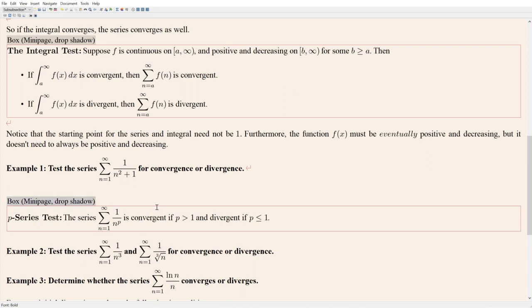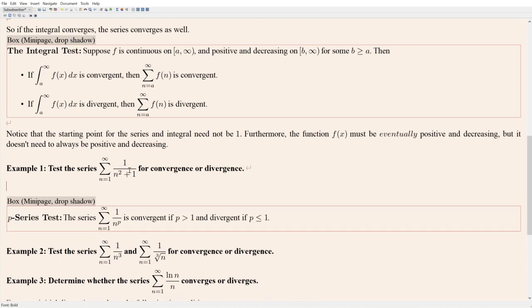The reciprocal of a positive number is still positive, so no problem there. Is it decreasing? Yes, absolutely, because the denominator, n squared plus 1, is increasing, but then we take the reciprocal. So the reciprocal of an increasing function is decreasing.